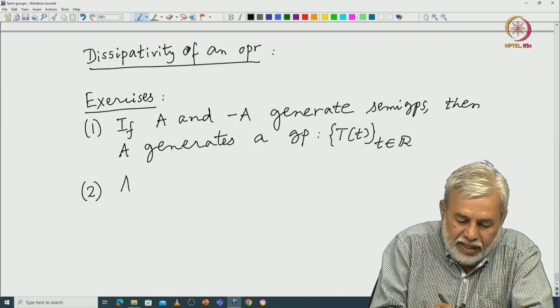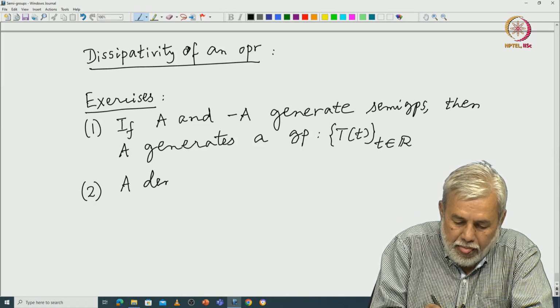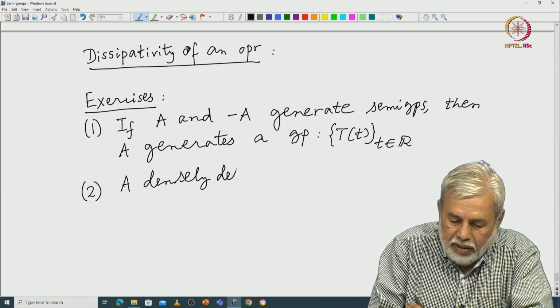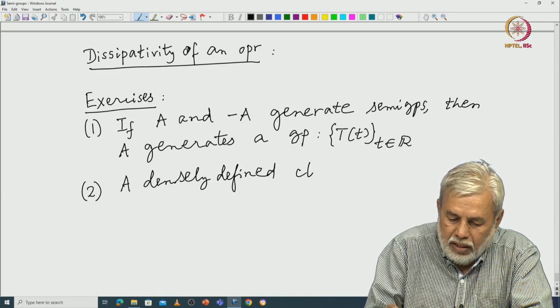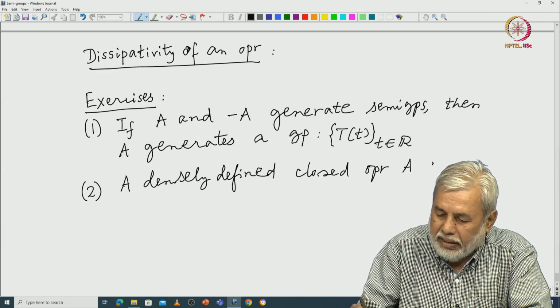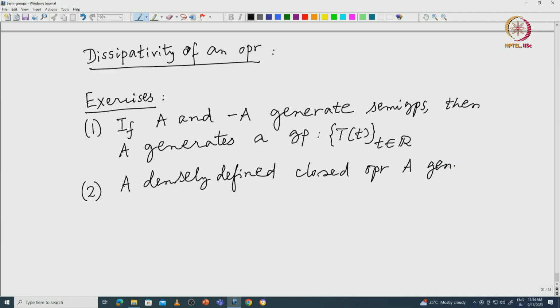A densely defined closed operator A generates a group. So, the Hille-Yosida theorem is to check conditions for the semigroup.